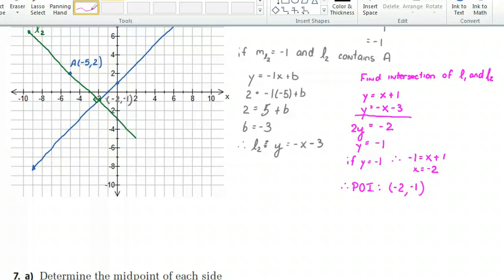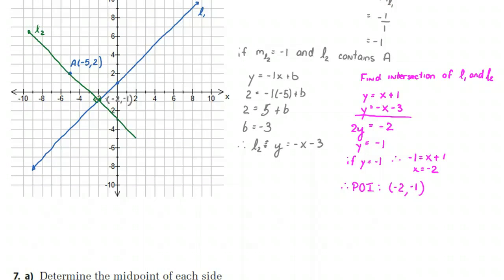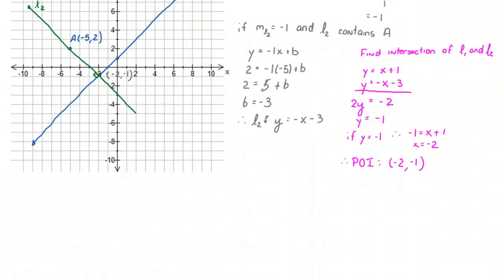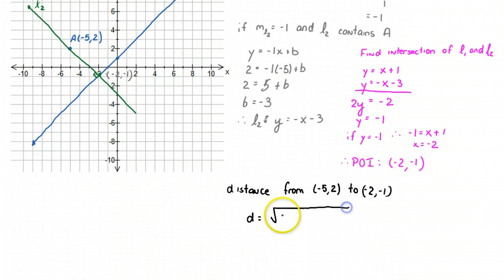So therefore, if we want to find the shortest distance now, let's change colors again. Let's change to black. Like I was saying, I had a little hiccup there, so I don't know if it looked funny in the video, but I have to find now the distance from negative 5, 2 to negative 2, negative 1. So our distance formula is equal to the square root of x2 minus x1 squared plus y2 minus y1 squared.